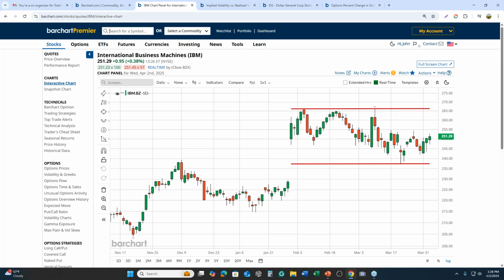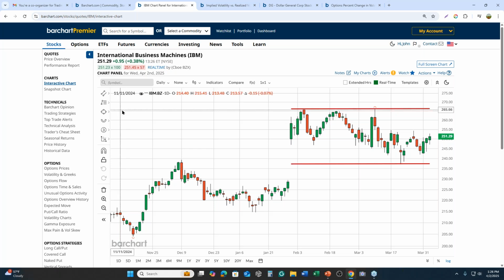And that range looks like it's between about 265 and 235. Now, again, I don't want to sell an option three weeks out that is going to be affected by earnings, because there still could be a rise in implied volatility, or the prices could get wider.